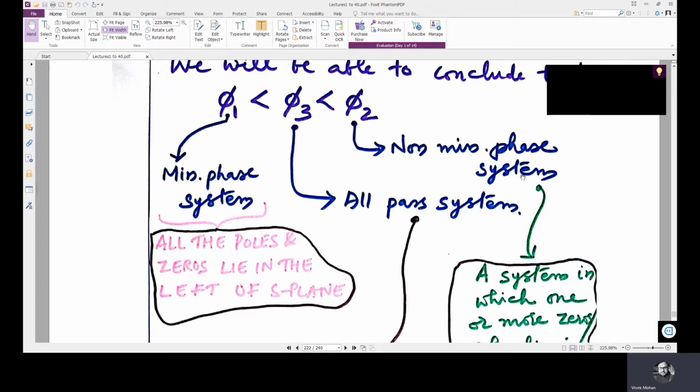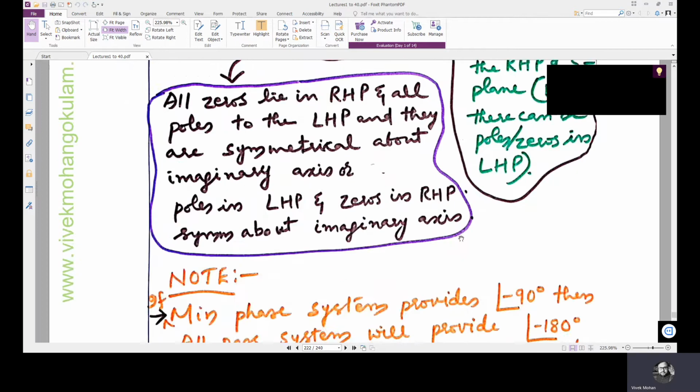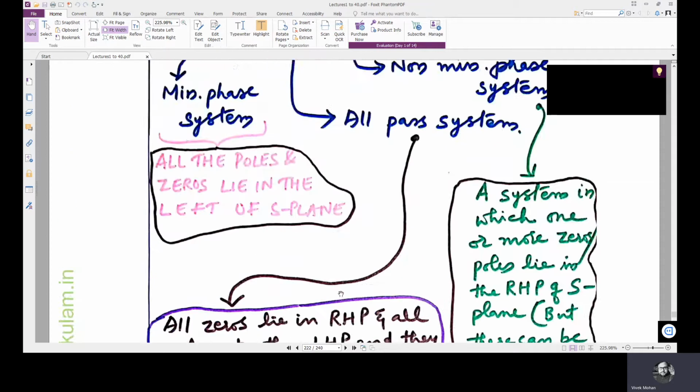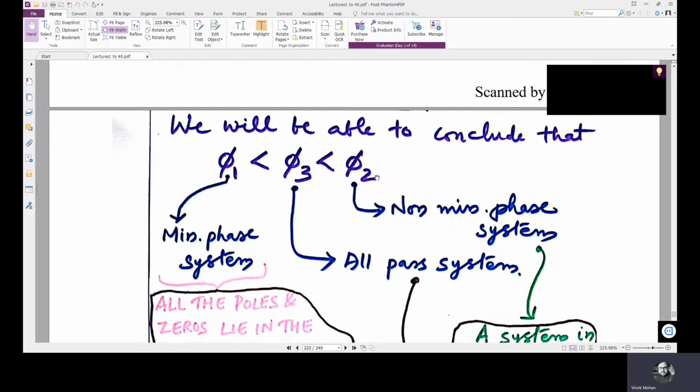This is just the definition. Now, if minimum phase system provides minus 90 degree, then all-pass system will provide minus 180 degree and non-minimum phase system provides minus 270 degree. So if the phase angle values are like this, then it satisfies this particular condition.